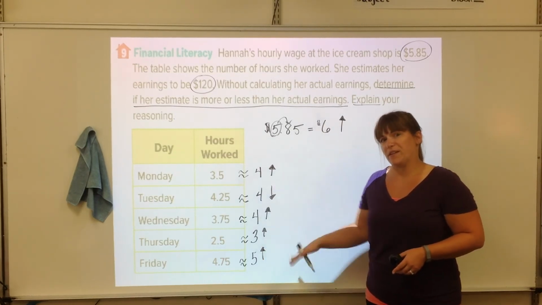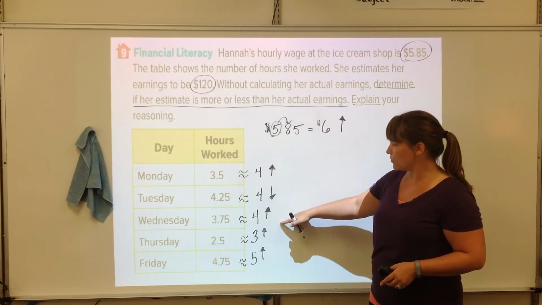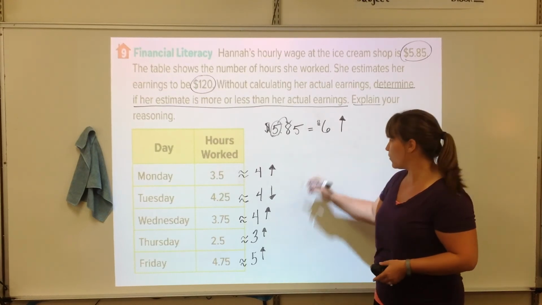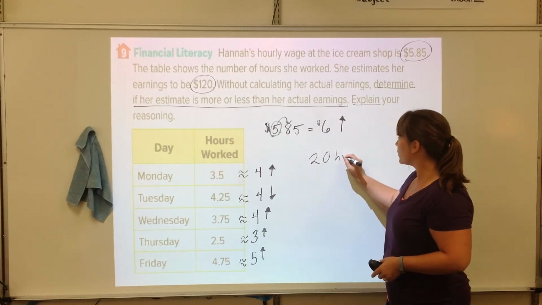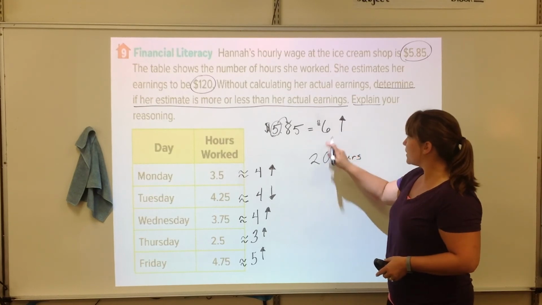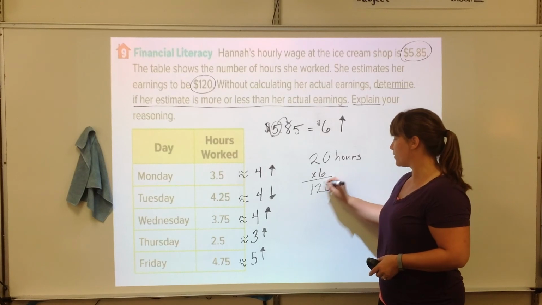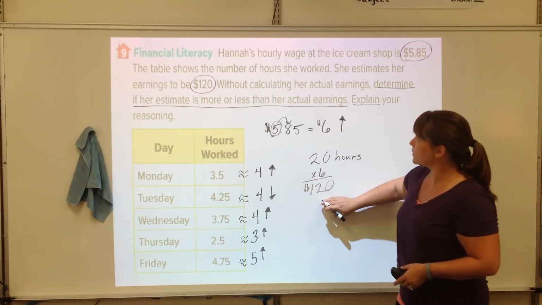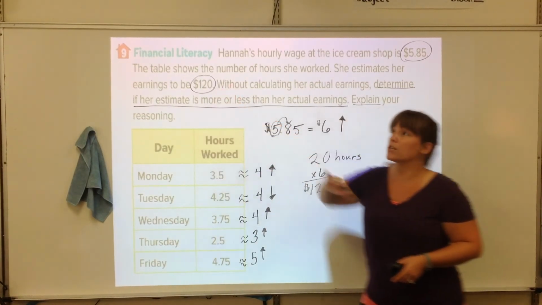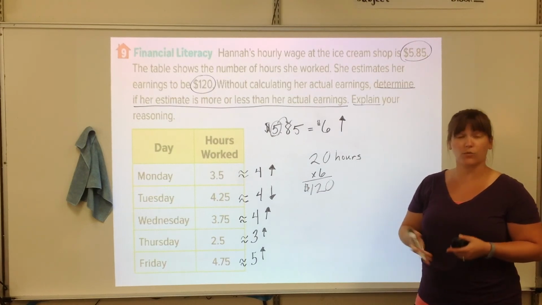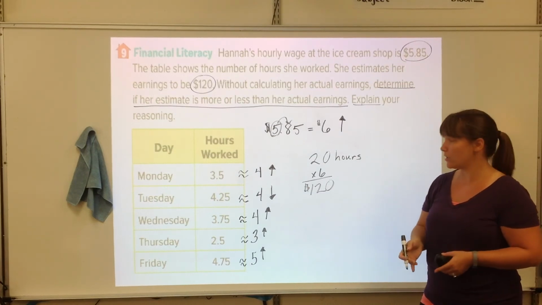Now I actually have to figure out how many hours is this. So 12 and 8, that's 20. So 20 hours, and we are estimating $6 an hour, that is $120. Luckily, that is exactly what Hannah estimates. So we're estimating the same, that's good.